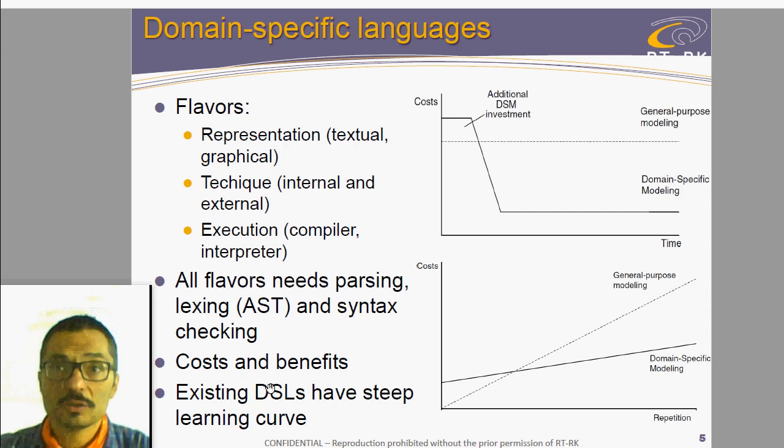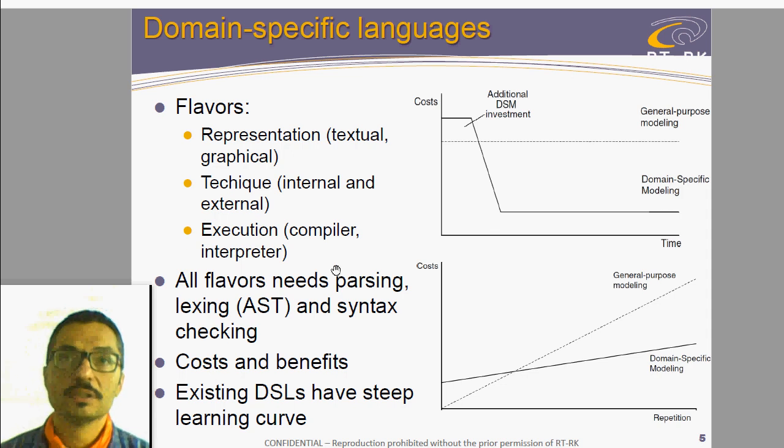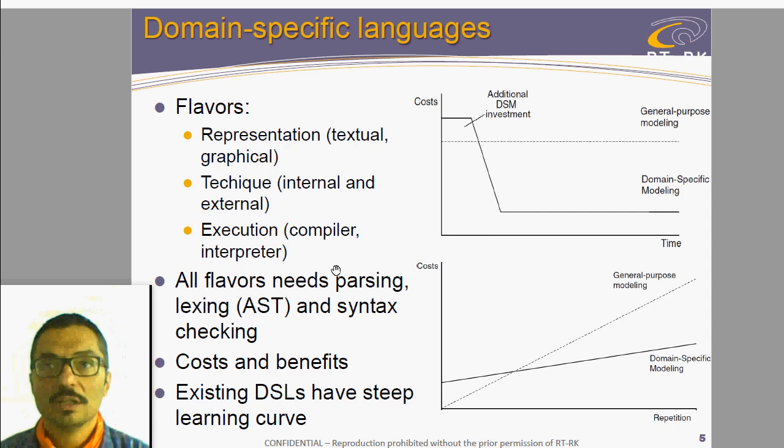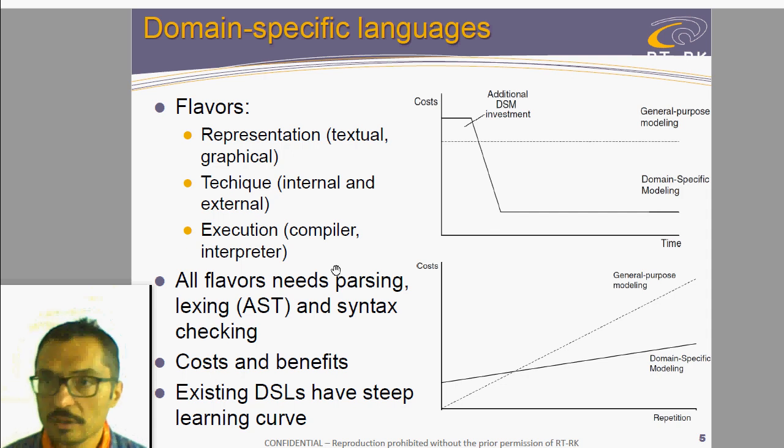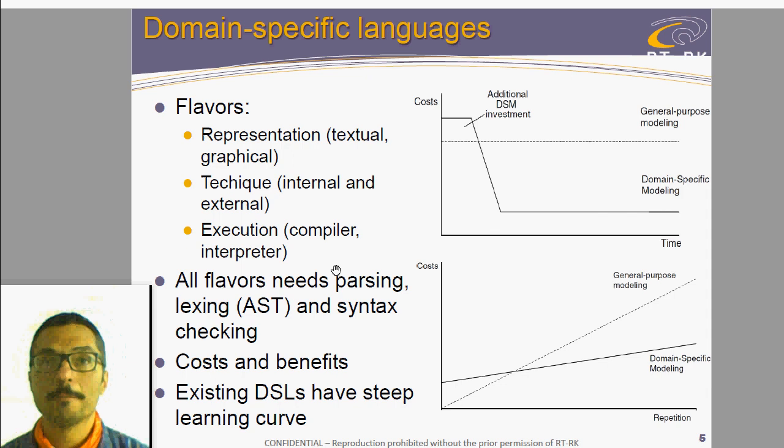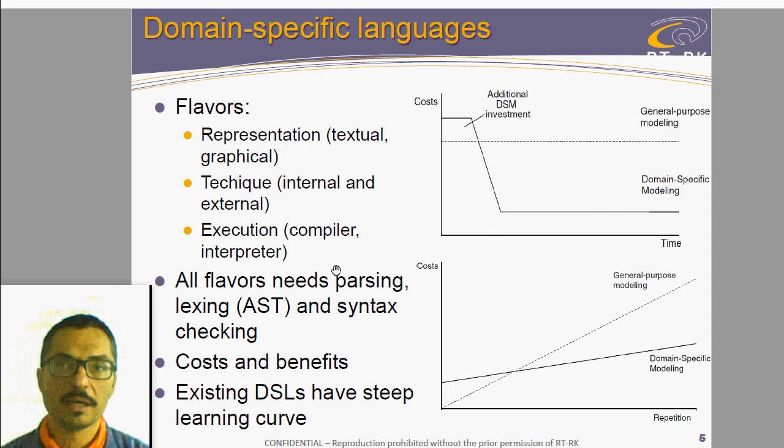Regarding the costs and benefits, the first graph here shows the research of costs over time regarding the domain-specific language. It shows that in the beginning there is additional investment because of the engagement of the domain experts and experienced developers, but as time passes, the cost is less.